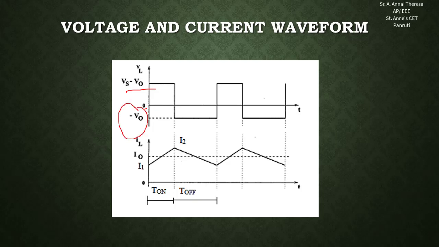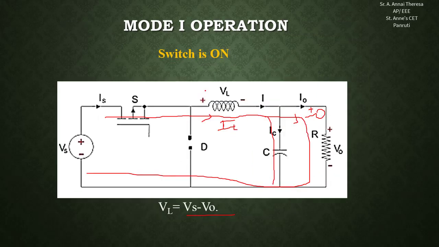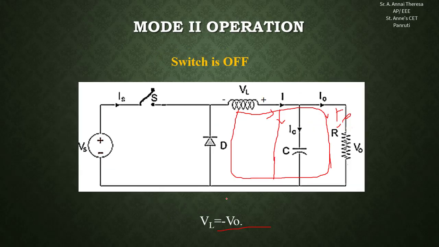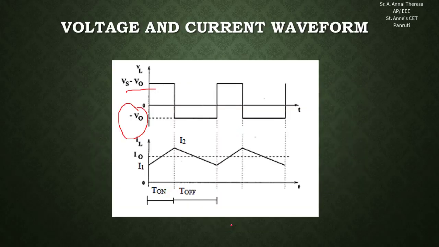This we have already seen in the first mode and second mode. So in the first mode, the voltage across the inductor is Vs minus V0, and in the second mode it is minus V0. That is what is drawn here in this waveform.